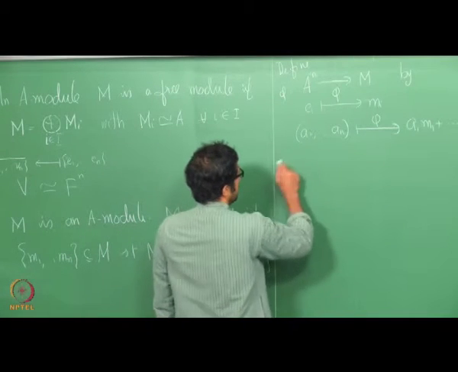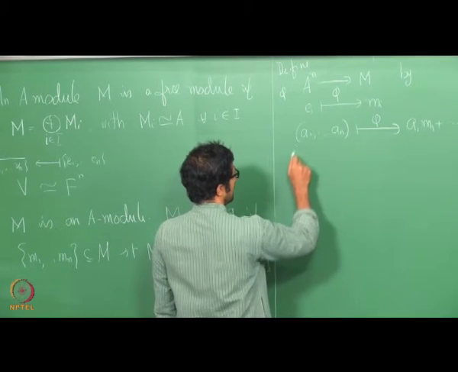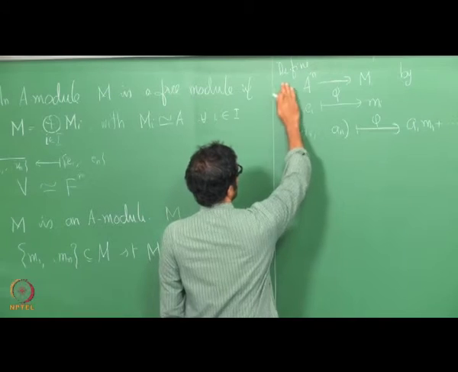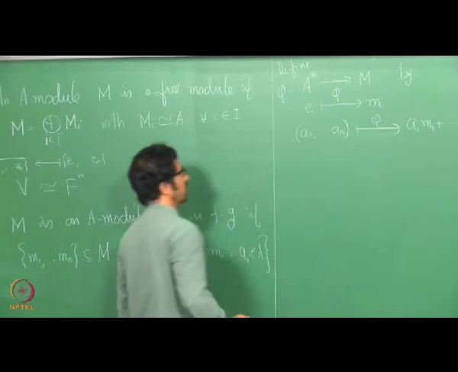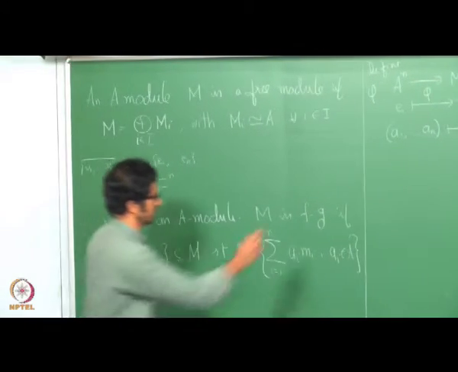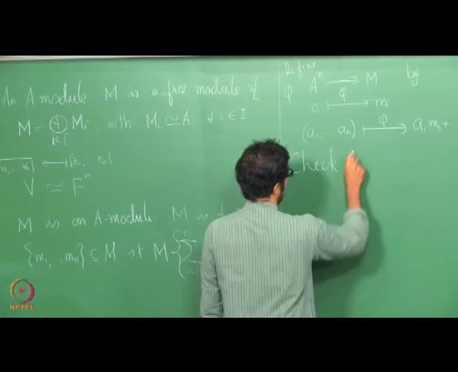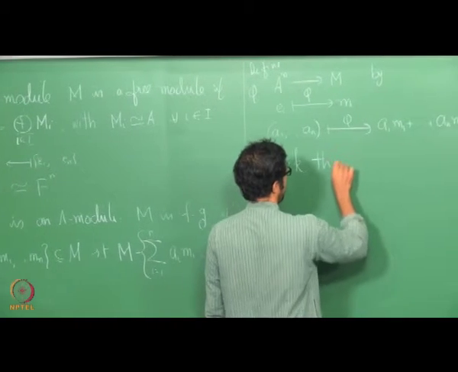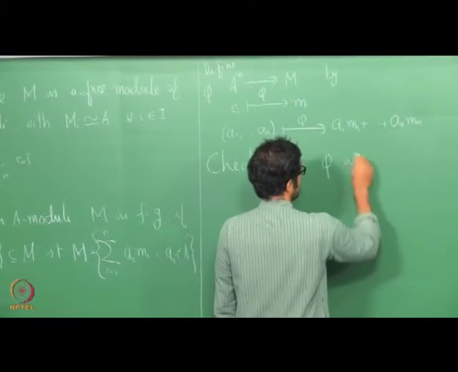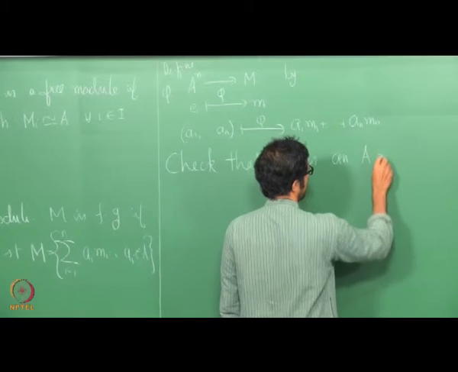But now, what we have obtained is a homomorphism and A module. Okay, so check that phi is an A module homomorphism.